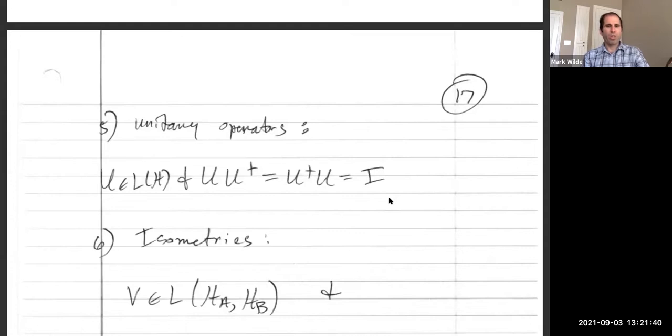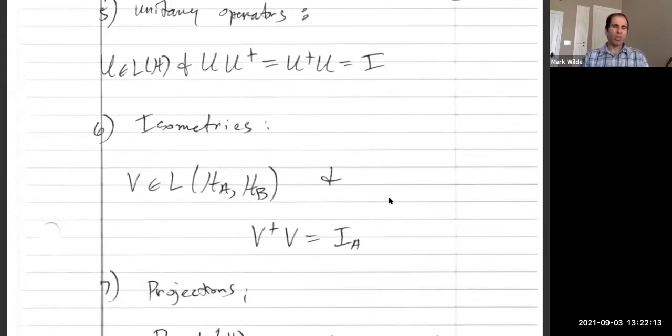If you've taken quantum mechanics before, you learn about the Schrodinger equation. It corresponds to evolution of a closed quantum system. If you solve the Schrodinger equation, you find that there is a unitary operator that tells you how your state vector will evolve. So these are quite important in the context of quantum mechanics and quantum information.